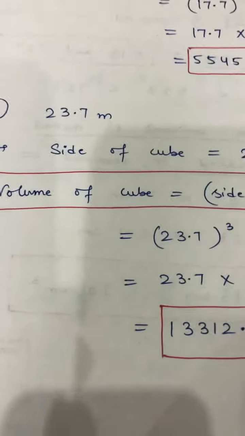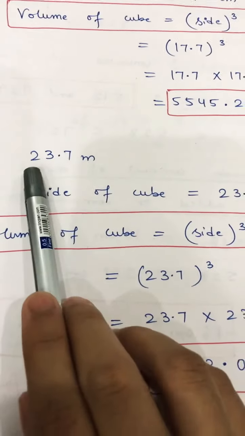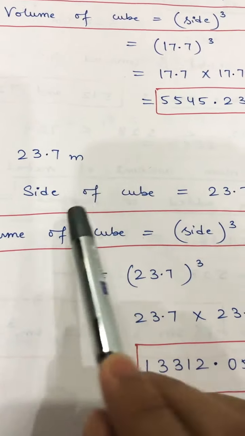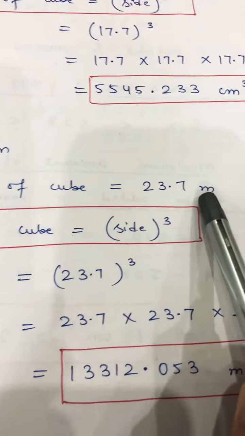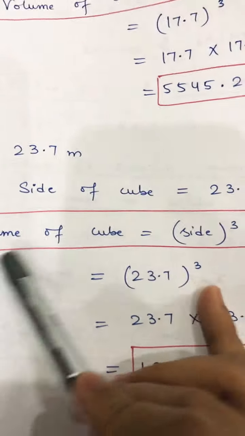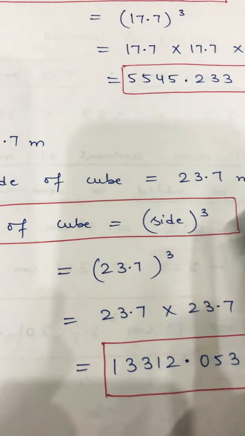Okay, now let's move to part number B. B part is 23.7 meter. Now the side of the cube is 23.7 meter and the volume of the cube is equal to side cube.